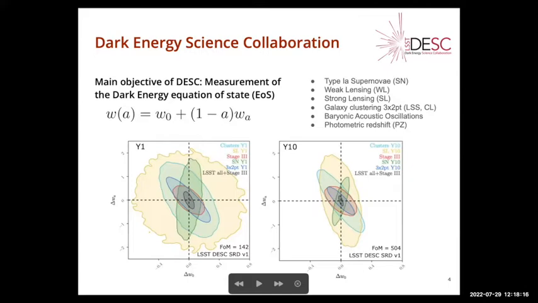And here I'm showing you the constraint contours of these two parameters in year one and after the 10-year survey. And I think Maria showed us how independent SN1A is from all the other probes that DESC is also building. So DESC's effort is centered around pipelines for analyzing this.